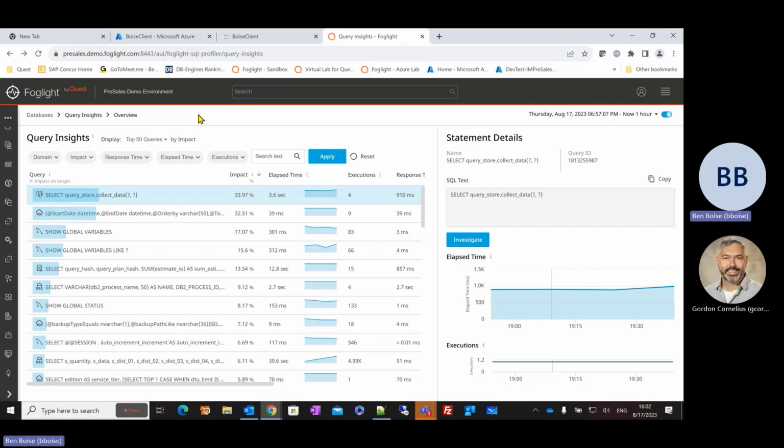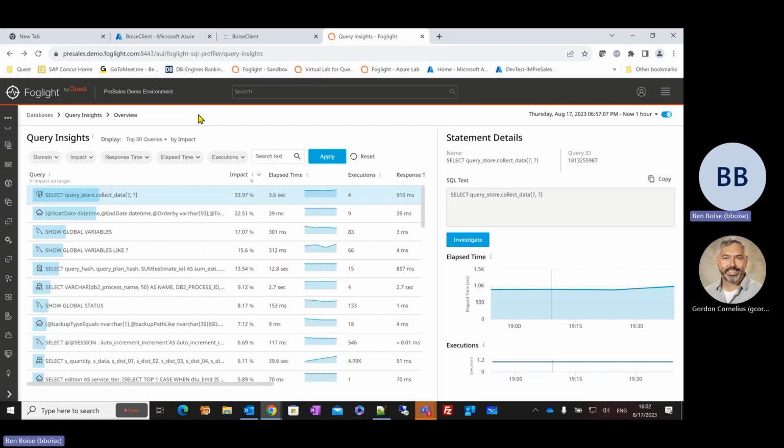And that's really where Query Insights comes into play. What Query Insights is looking at is, across the entire enterprise, which queries are having the greatest impact when compared to the other activity that's happening at the instance layer.